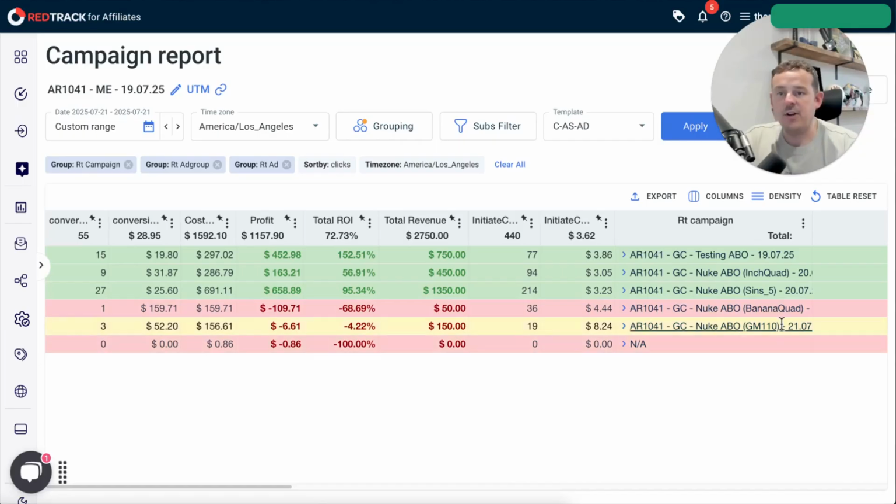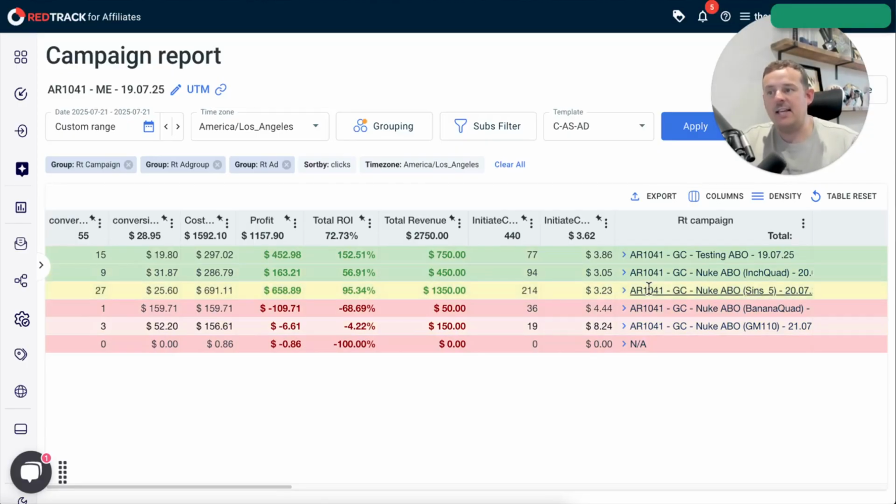I brought in another nuke with this other GM110 ID, which didn't do that great. It broke even pretty much, lost $6, is what it is. But our Inch Quad and our Sins 5, which were two other creative IDs which I'd launched yesterday, turned off early, did really well, right?